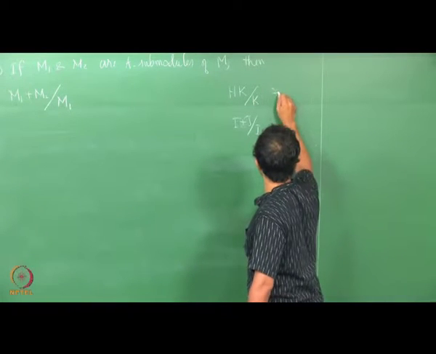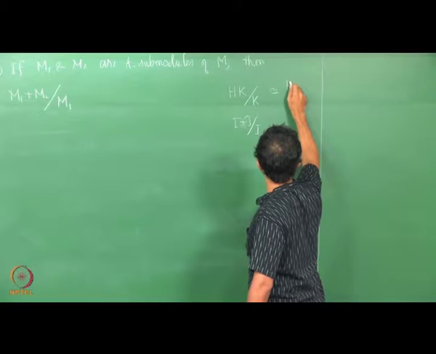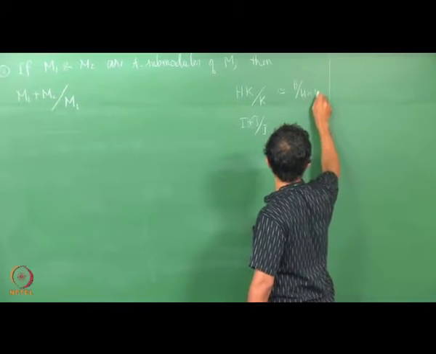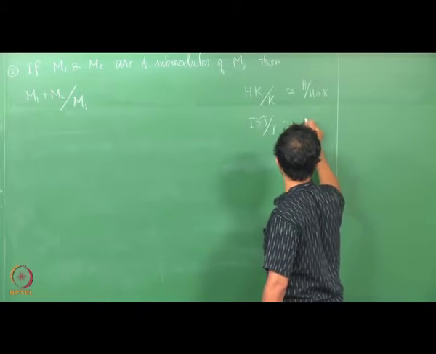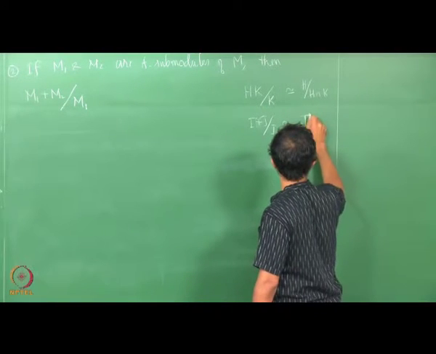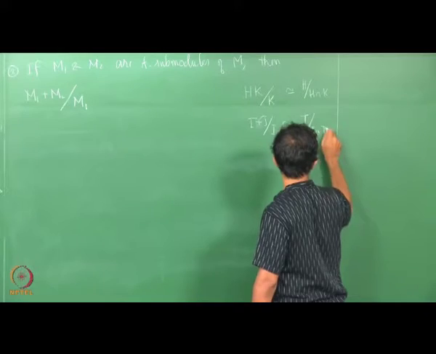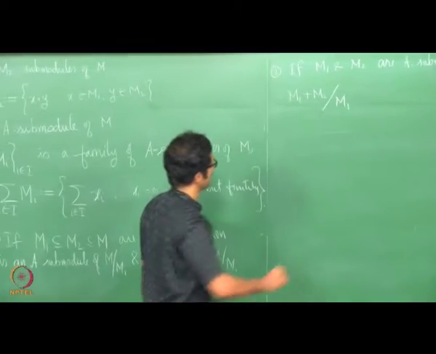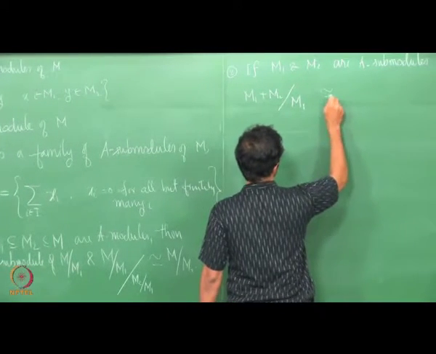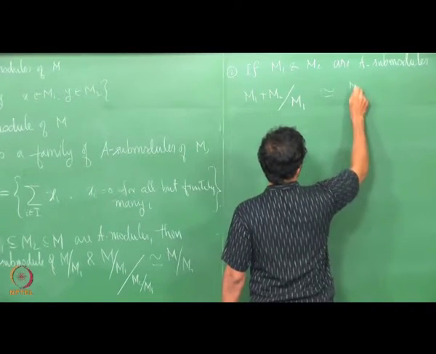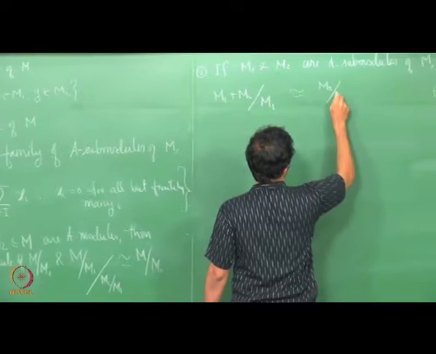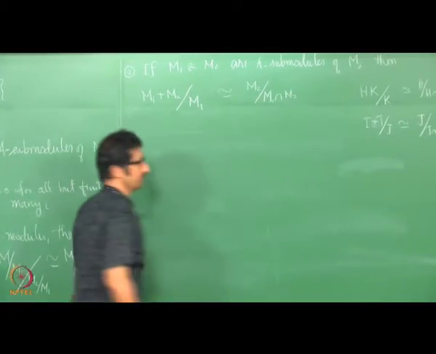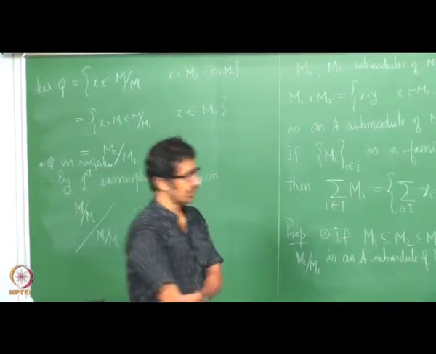This is isomorphic to H mod H intersection K. This is isomorphic to J mod J intersection I. Similarly, you want to say this is isomorphic to M2 mod M1 intersection M2. So, how do you prove this?